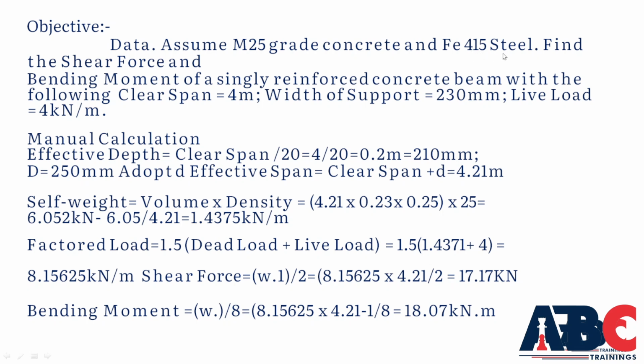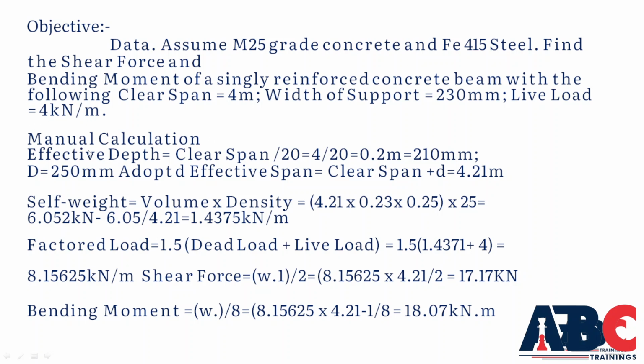Then find the shear force and bending moment for a singly reinforced concrete beam with a clear span of 4 meters. The width of the support is 230 mm, that is 0.23 meter. The live load given is 4 kilonewton per meter.